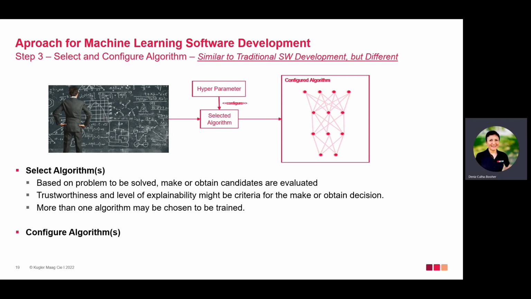We need to figure out the algorithm we're going to use to solve the problem using the data we came up with to train. There is a selection to be made, and also configuring of this algorithm.